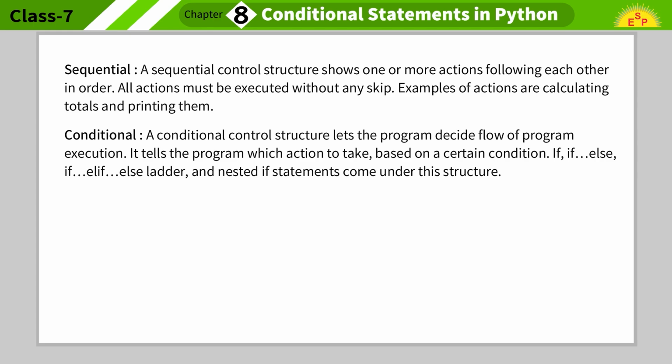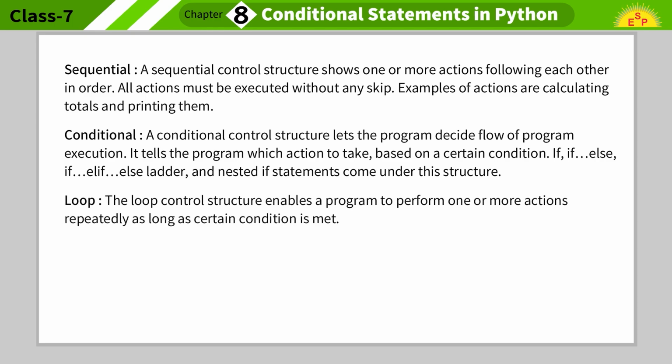It tells the program which action to take based on a certain condition. If else, if elif else ladder, and nested if statements come under this structure. Loop. The loop control structure enables a program to perform one or more actions repeatedly as long as a certain condition is met.